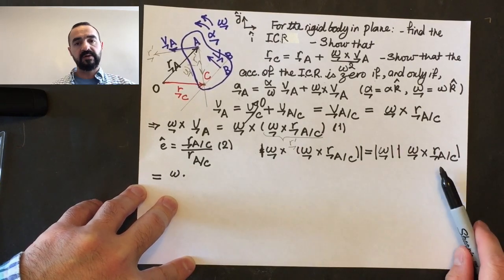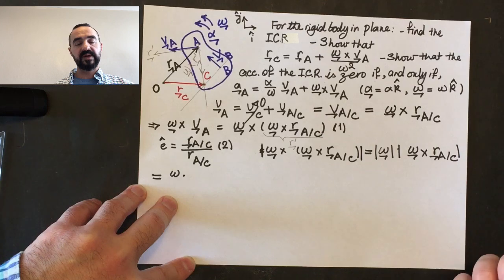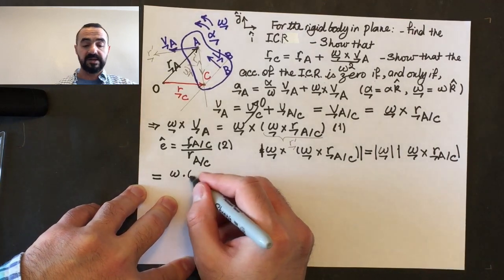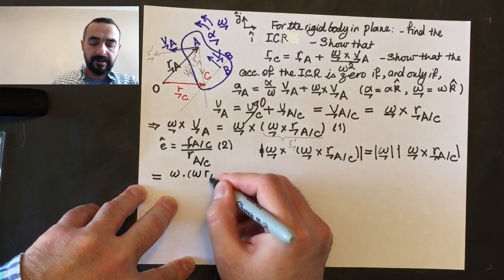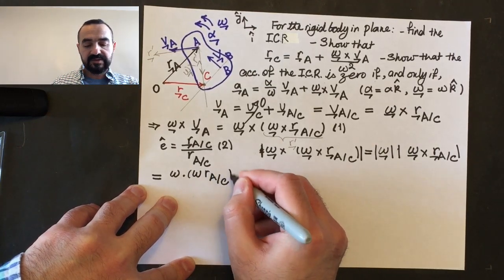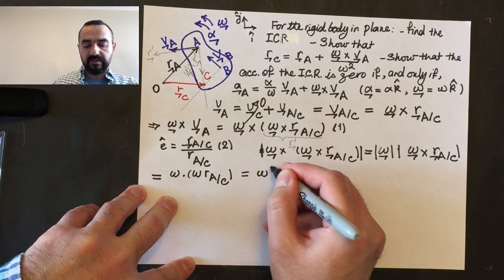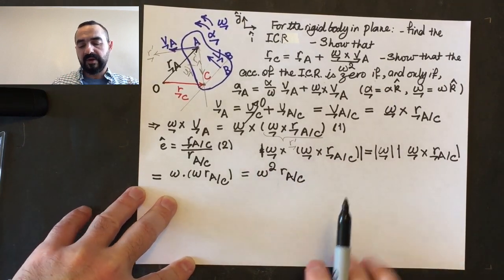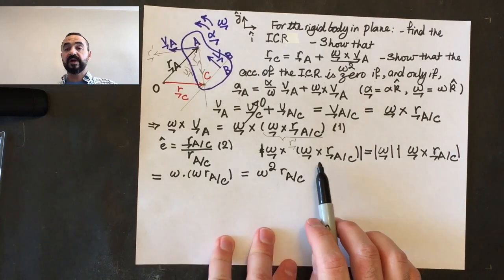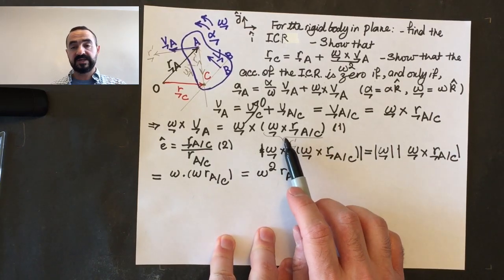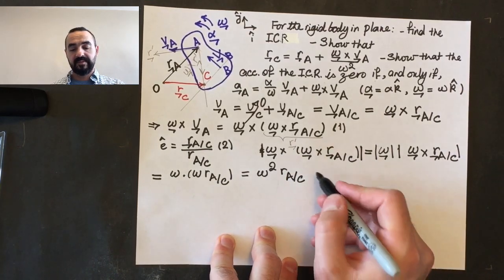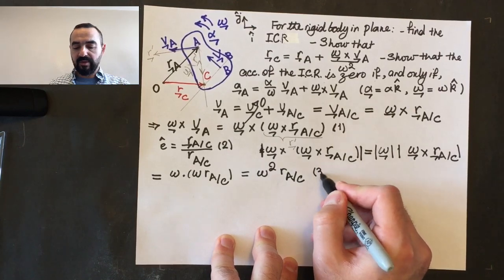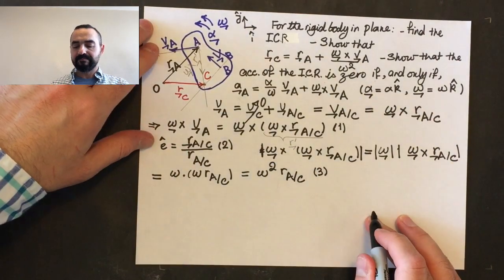Again, omega points out of the plane, RA with respect to C is in the plane, so the angle is 90, and sine 90 is equal to 1. So this is going to be equal to omega squared times RA with respect to C. I have determined the magnitude of this expression. Now let's call this equation 3.